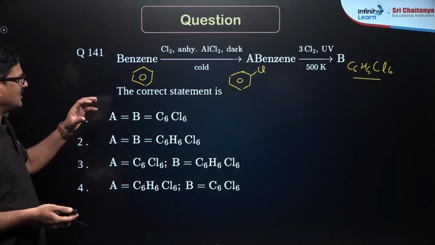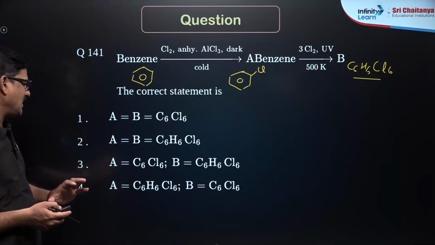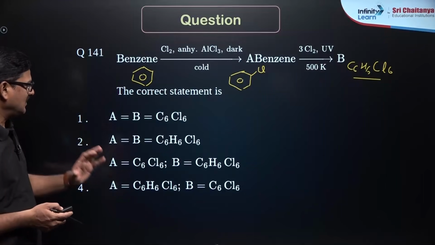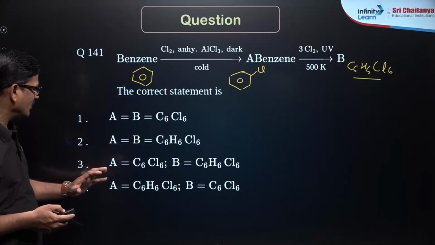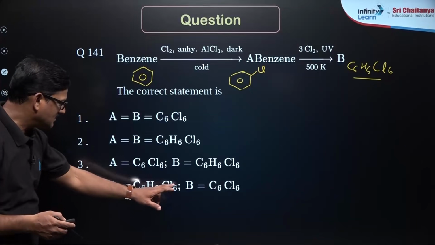And the correct statement is A is going to be chlorobenzene and B is going to be C6H6Cl6.